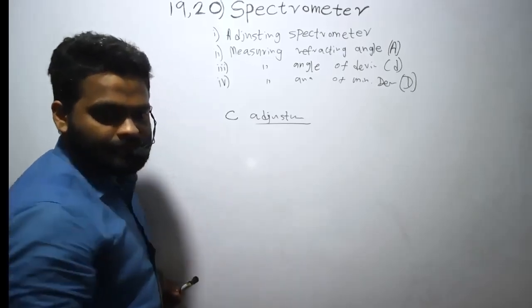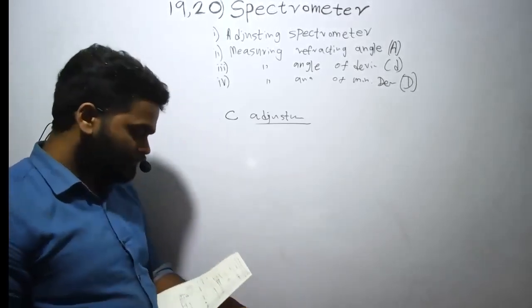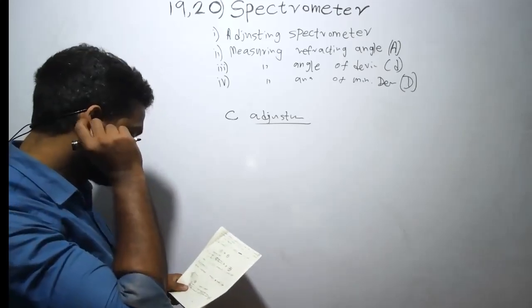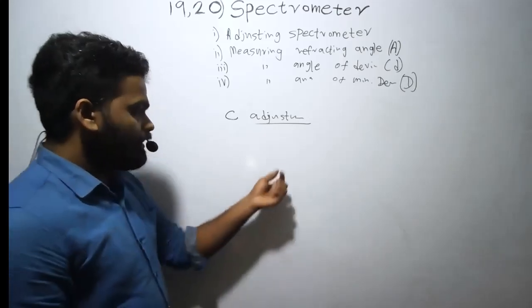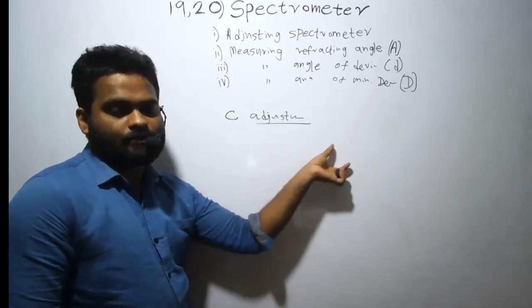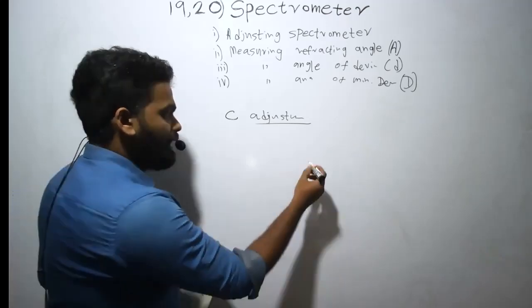Listen carefully. Now you know that the telescope is only responsive to parallel light.